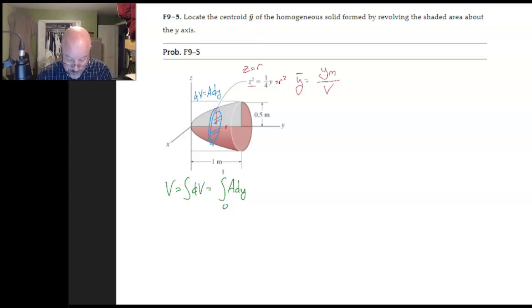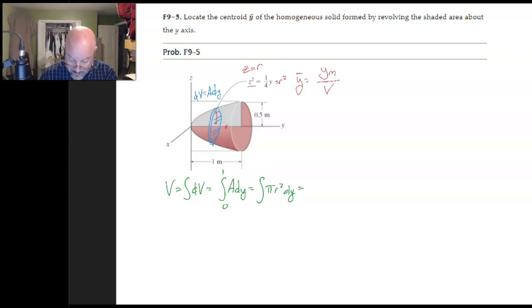Now our area is going to be pi r squared, so we put pi r squared dy. The r squared is actually this 1/4 y term that we talked about, so I want to put that in there as well.